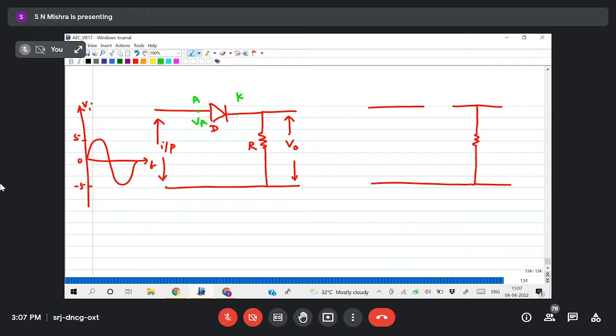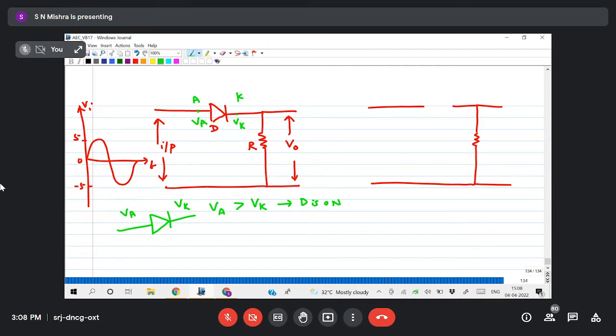What I know is, if I take a diode like this, with anode potential and cathode potential, then if anode potential is greater than cathode potential, the diode is on. Yes or no? Yes sir. If the P side is positive and at a higher voltage than the cathode, the diode will be on.